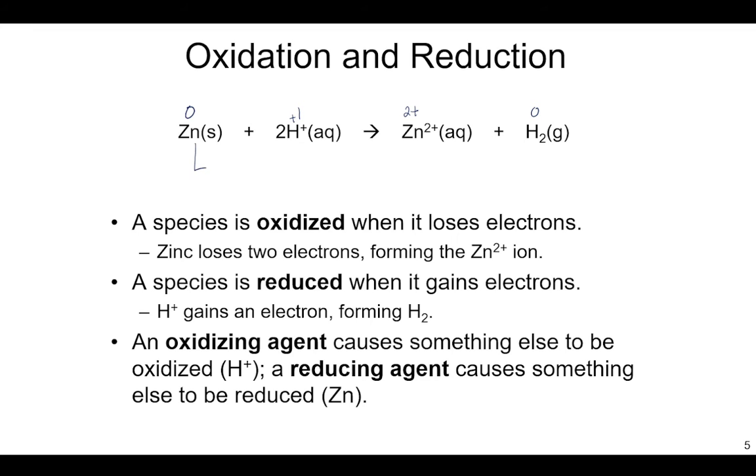So zinc is going from 0 to 2+. It is losing 2 electrons. Its oxidation number is increasing. So zinc is undergoing oxidation, or it is being oxidized, losing those electrons.